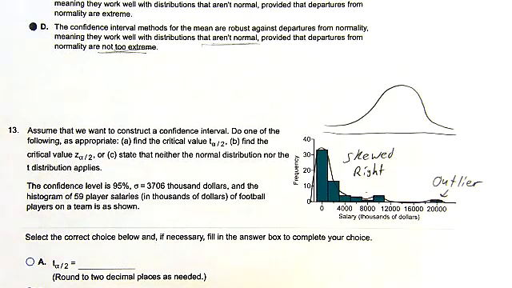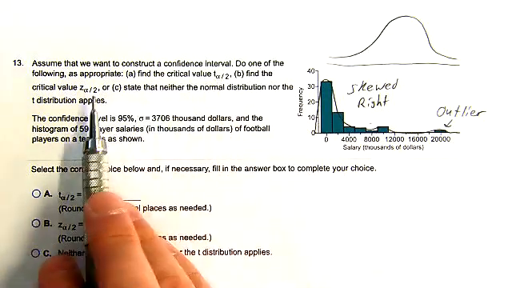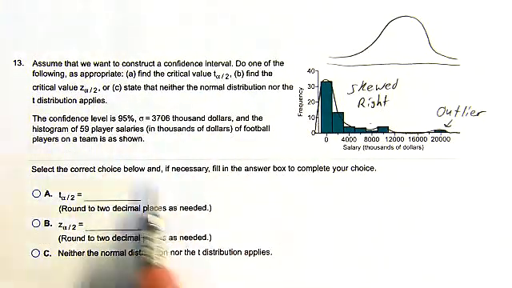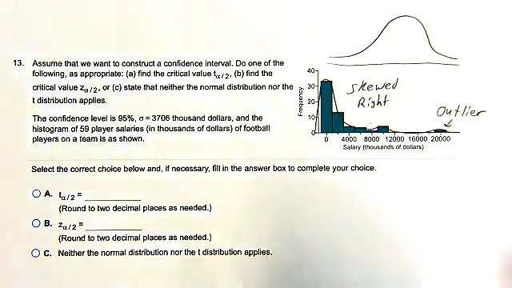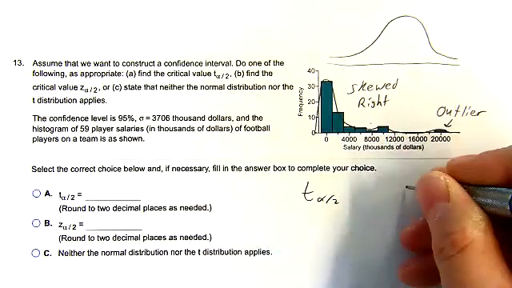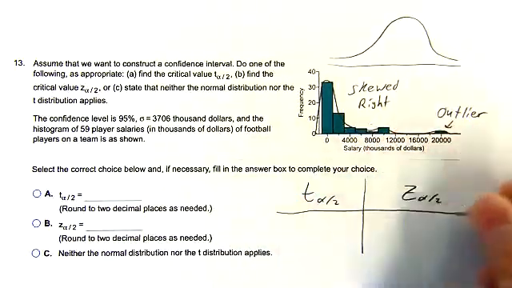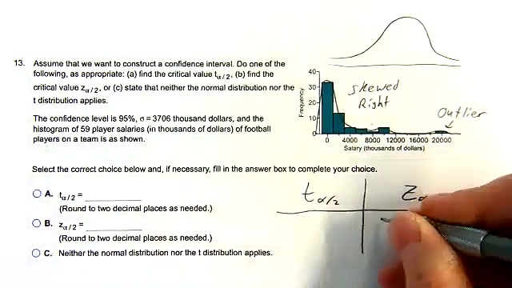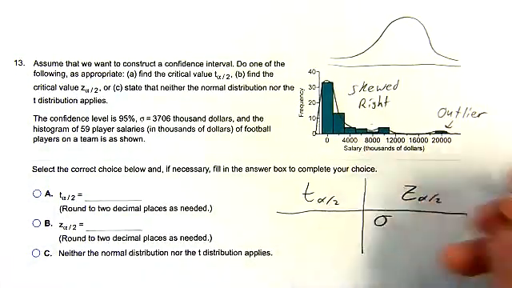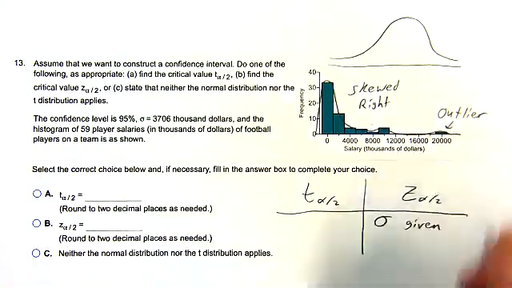Okay, so this problem actually doesn't really ask us to do any math. It just asks us which is appropriate, t or z, and then what would be the critical value. So let's outline when I would use which one. First, I use z if they give me sigma, the population standard deviation.